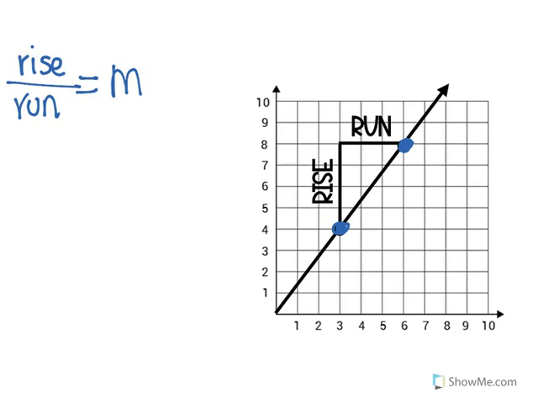If I look at my y-axis, I am counting by ones. 1, 2, 3, 4. So I'm going to count up each space. 1, 2, 3, 4. My rise is 4.